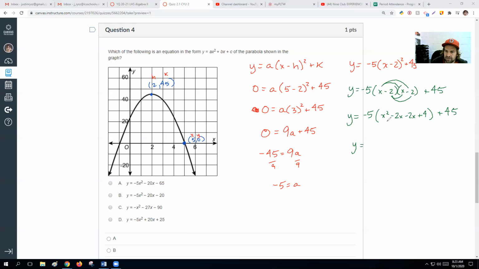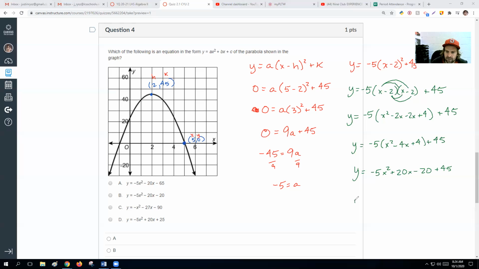We'll simplify it. I guess we didn't have to, but it makes it easier. This becomes x squared minus 4x plus 4. We're going to distribute the negative 5 here, and we get a negative 5x squared. Negative 5 times negative 4 is a plus 20x, and then we have a minus 20 plus 45.